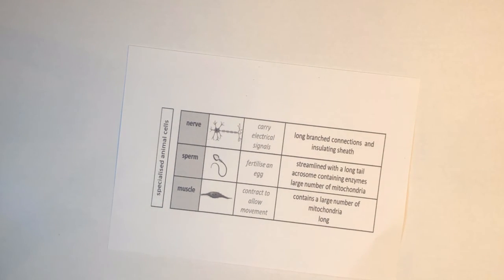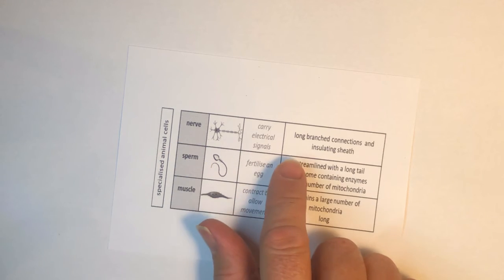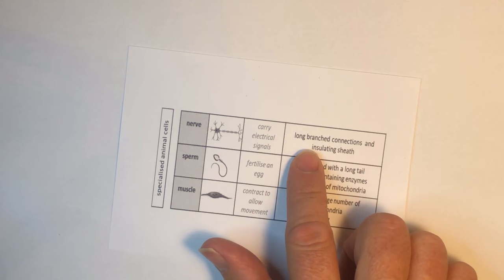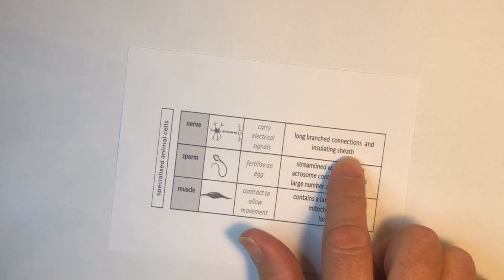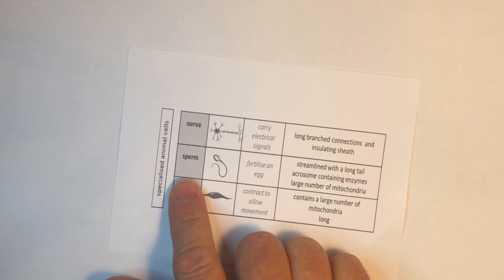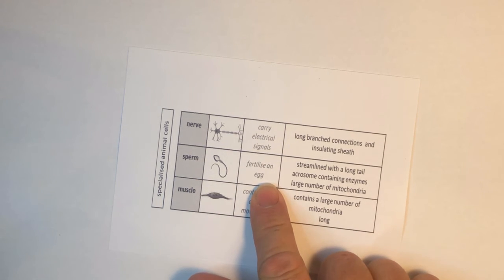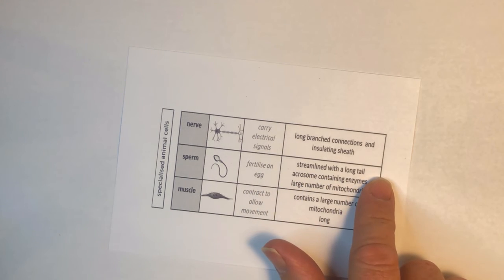3 specialised animal cells are the nerve. The nerve's role is to carry electrical signals. It is long, has long branch connections and insulating sheaths. A sperm is specialised, and its role is to fertilise an egg. Its specialism is that it is streamlined with a long tail, allowing it to swim.